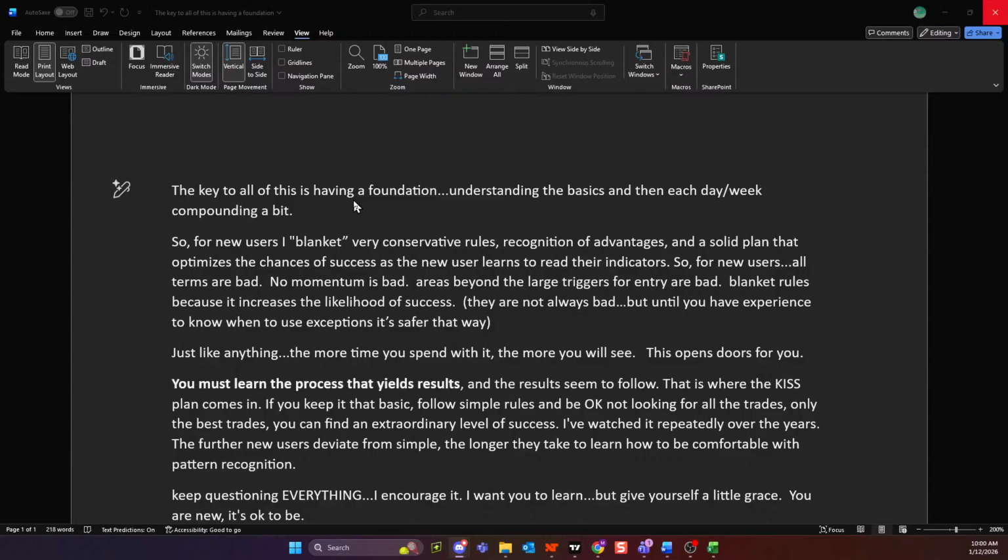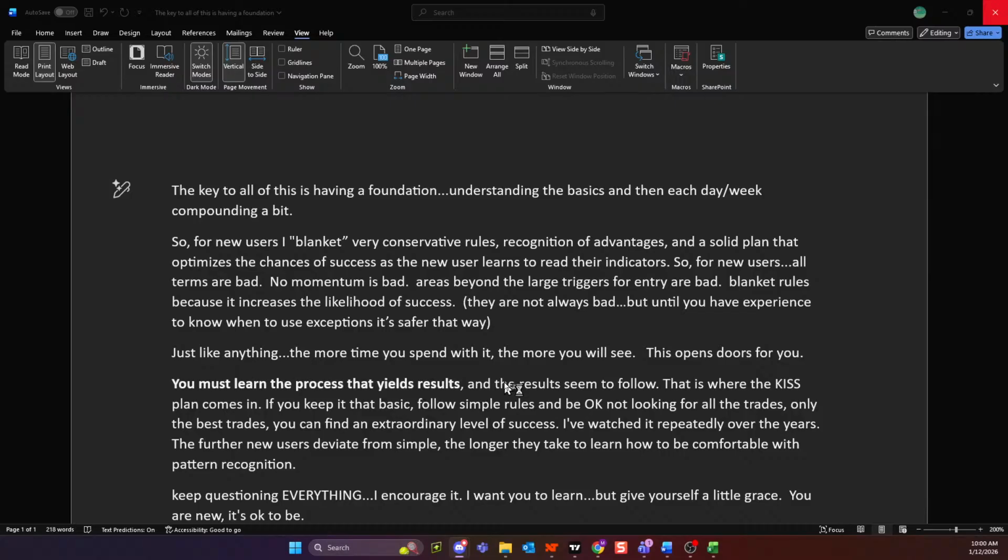So for you brand new users, when I hand you a KISS plan, a Keep It Simple Sunshine plan, it's very conservative rules. It's the recognition of advantages, the focus, not the money. And it's a very solid plan that optimizes your chances of success as you learn to read your indicators.